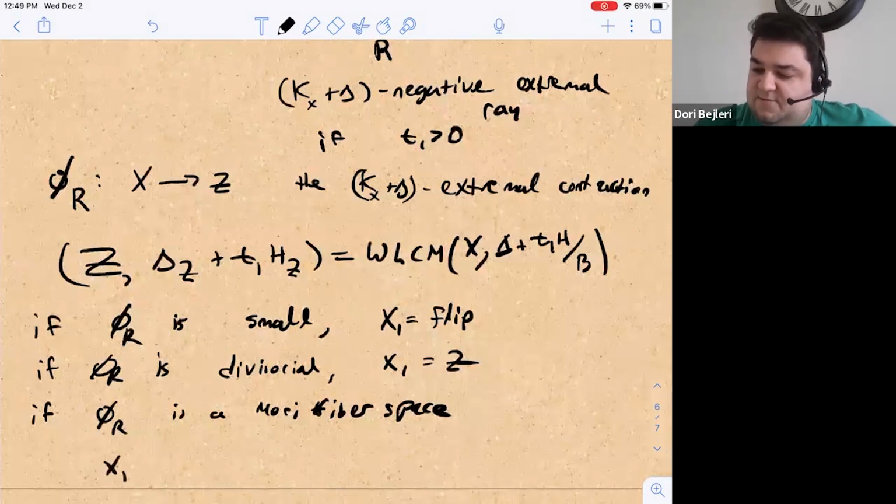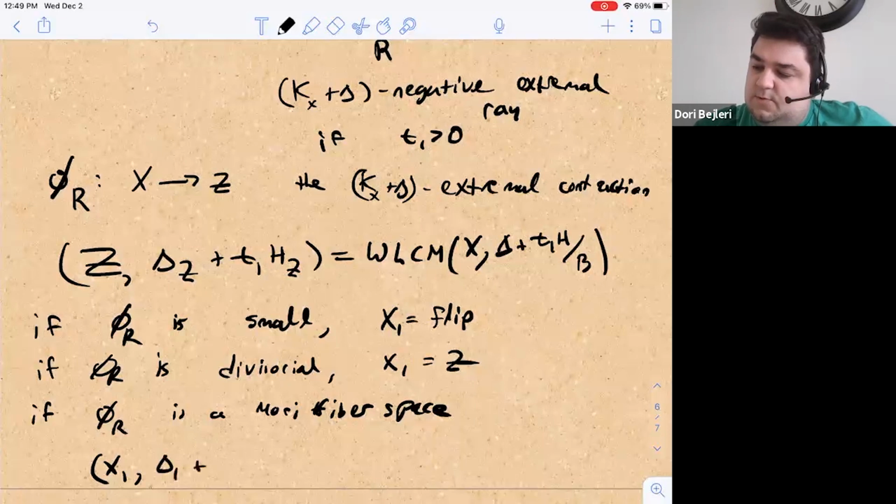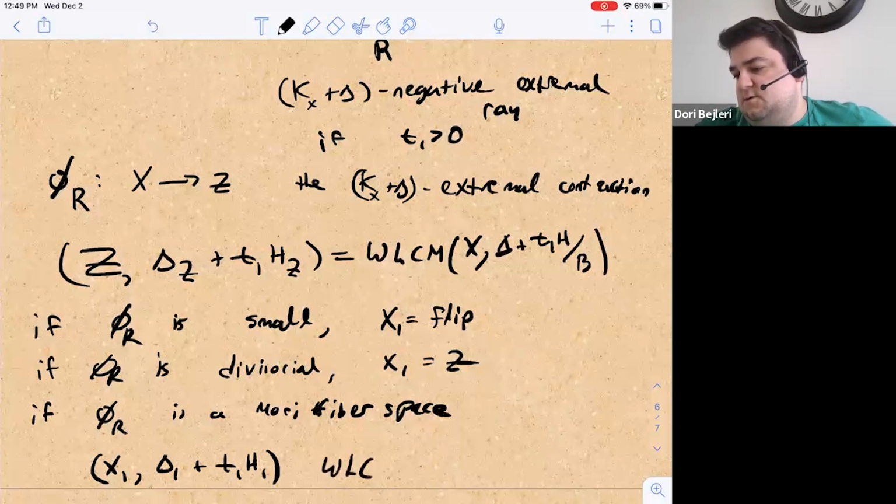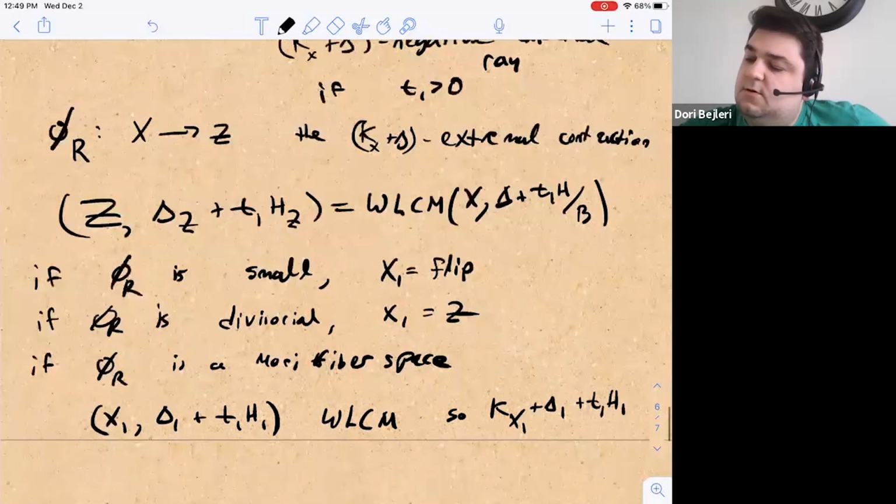So now on X1 we have a pair X1, delta 1 plus T1 H1, where this is a weak log canonical model. So K_X1 plus delta 1 plus T1 H1 is nef.